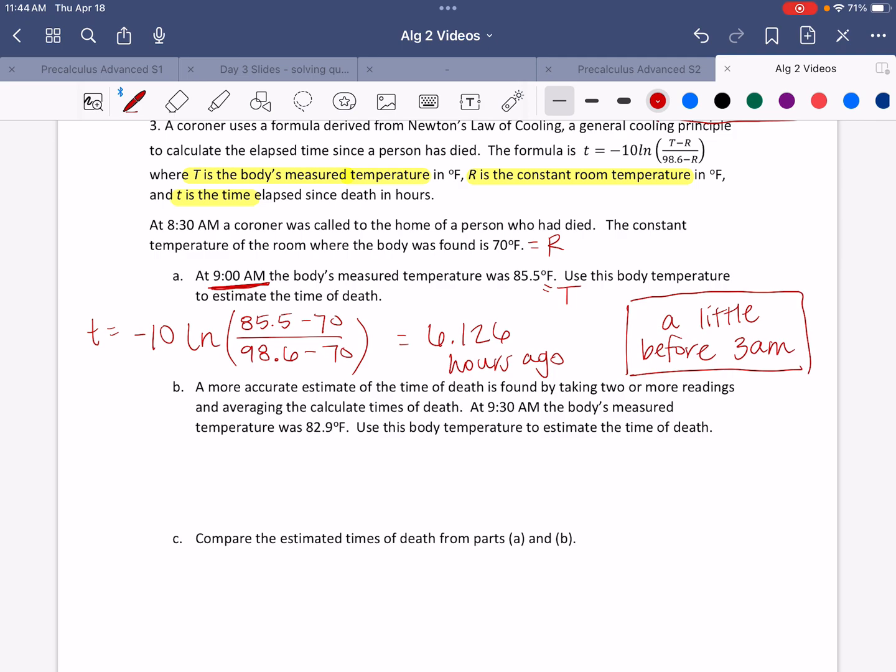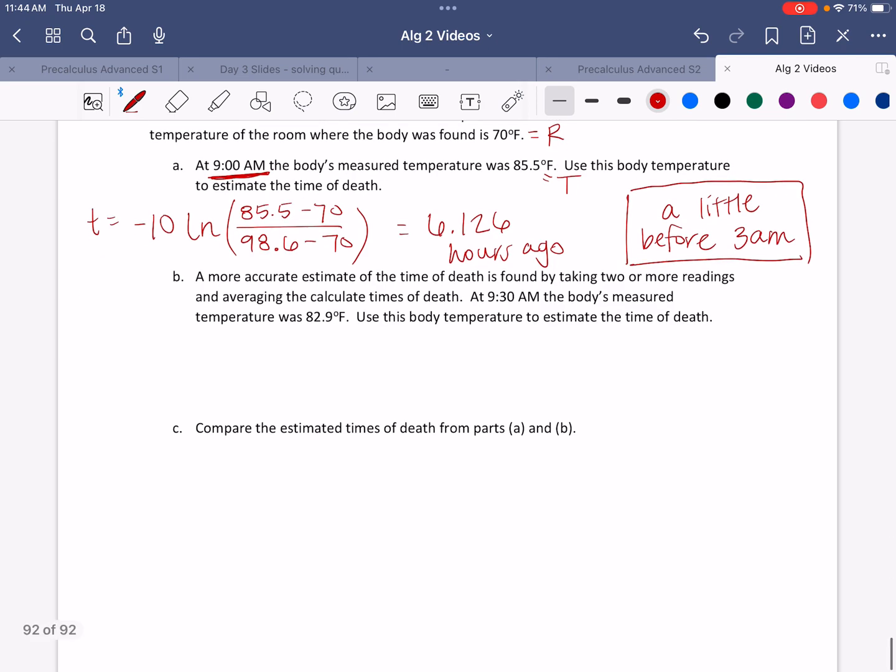Okay, let's try another one. A more accurate estimate of the time of death is found by taking 2 or more readings and then averaging the calculated times together. So at 9:30, the body temperature was 82.9. So we want to do this and find the other estimate, and then we'll average them.